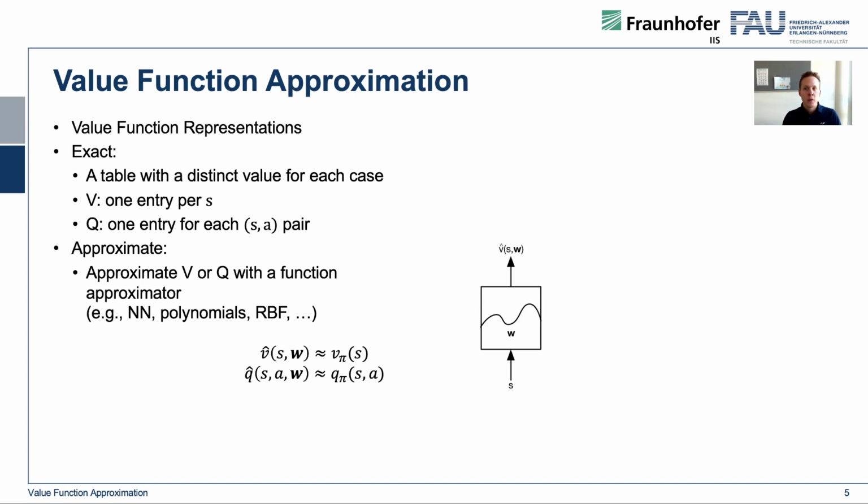For instance, we could define a function approximator that takes S as input and with a set of parameters W outputs our value estimate of this state under the parameters W. What we could also do, if we want to approximate the Q function, naively, is define a function approximator that takes as input S and A, so state and action, and through a set of learnable parameters W outputs the Q value of this state-action pair.